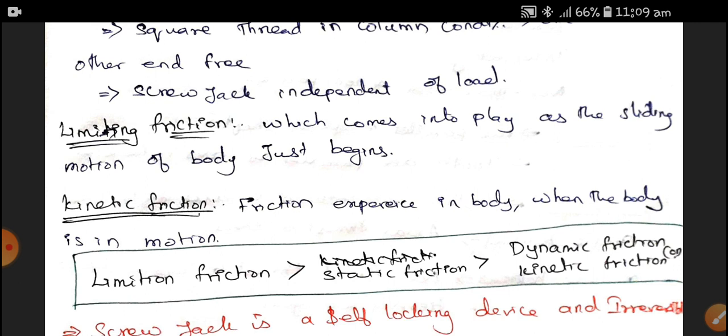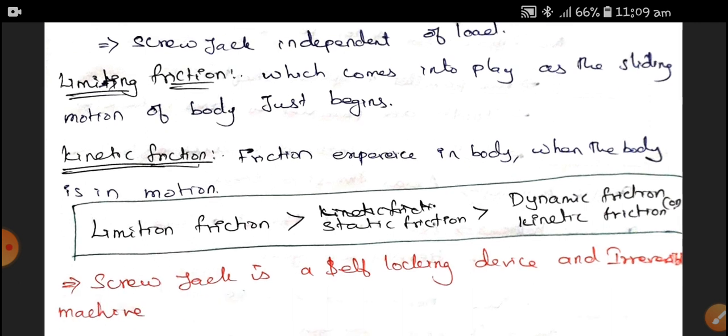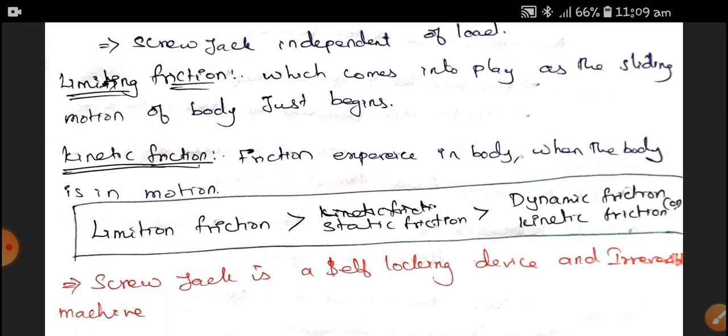In kinetic friction, the body is in continuous motion. There, kinetic friction or dynamic friction is present. Therefore, we have to notice that the intensity of limiting friction is more than static friction and more than dynamic or kinetic friction.